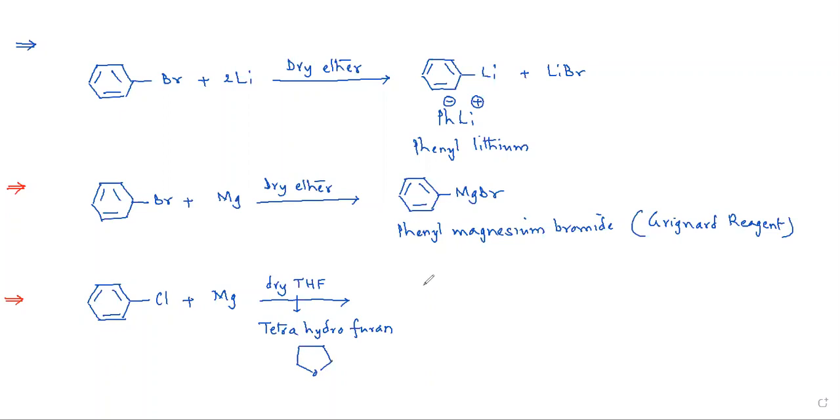This one. Of course, we get phenyl magnesium chloride. Okay. Again, a Grignard reagent.